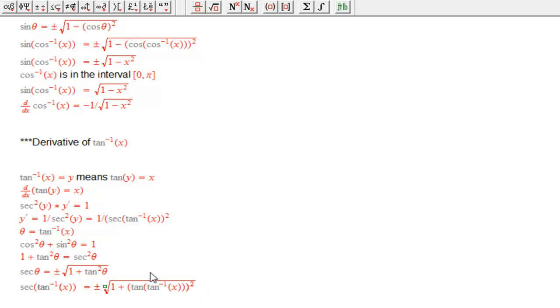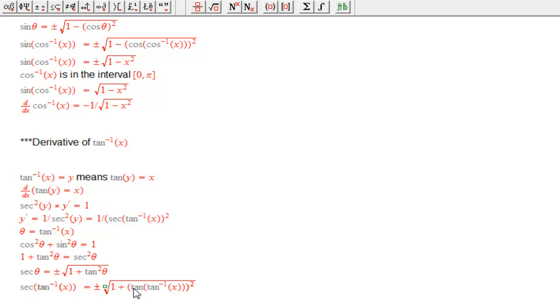Okay, and once again, this works out real nice. Remember, the inverse tangent of x inputs a ratio. It's sine over cosine, or opposite over adjacent if you're dealing with a right triangle. It inputs a ratio and outputs an angle. And that angle is an angle that gives you tangent equal to x.